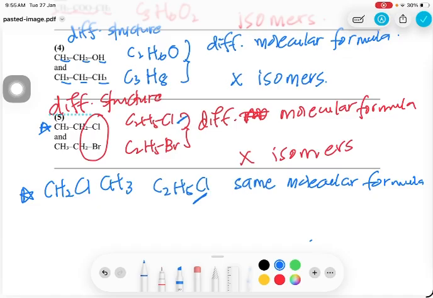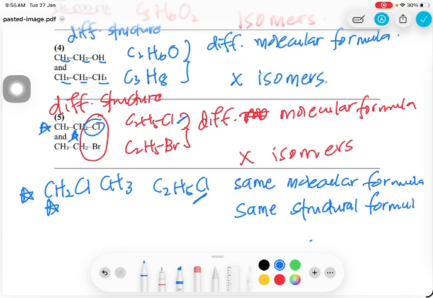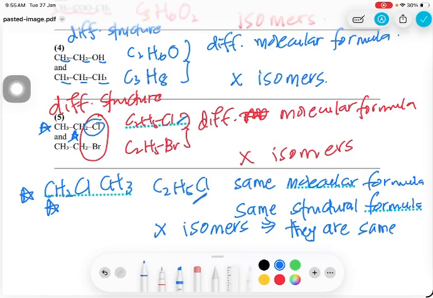But at the same time, the Cl is bonded at the terminal carbon. So basically, they also have same structural formula. So if I compare these two, they also consider non-isomer because they are similar. They are same. Okay, with this few examples, hopefully you can identify whether they are isomers or no.